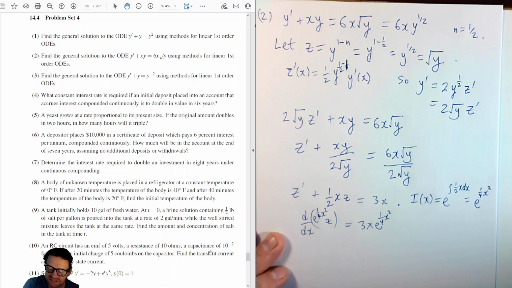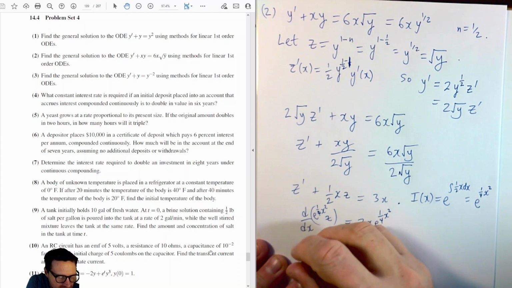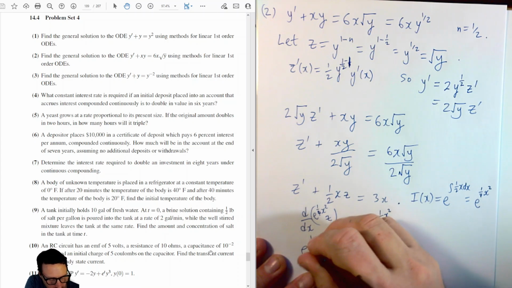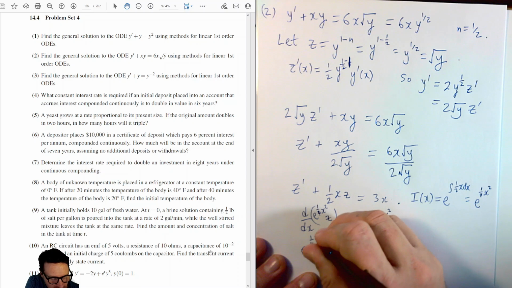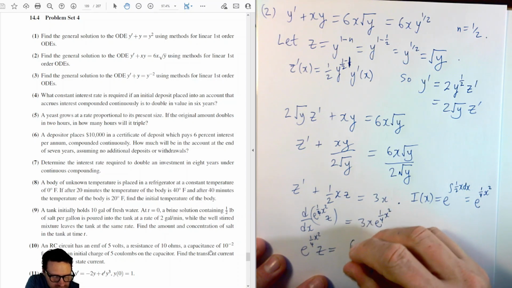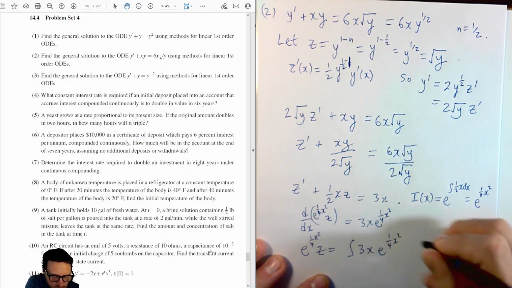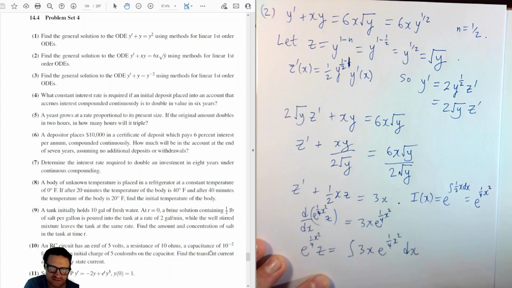Okay, now we need to integrate both sides. So integrating both sides, we have e to the 1/4 x squared z is equal to the integral of 3x e to the 1/4 x squared dx.